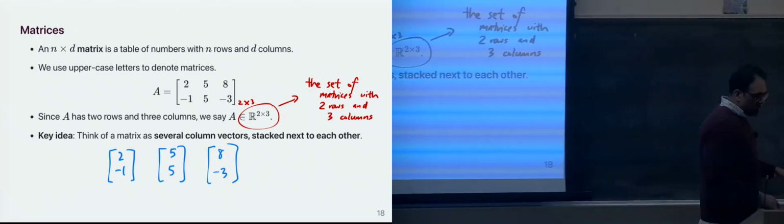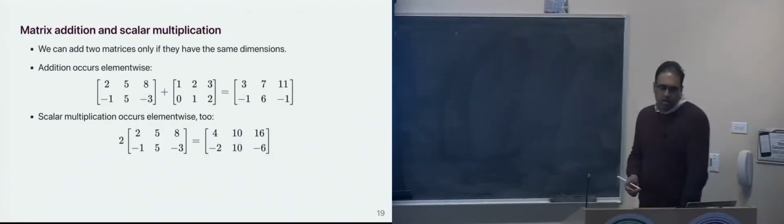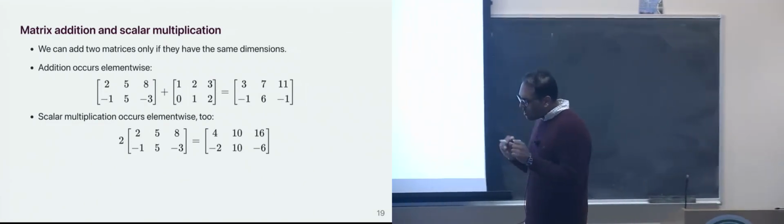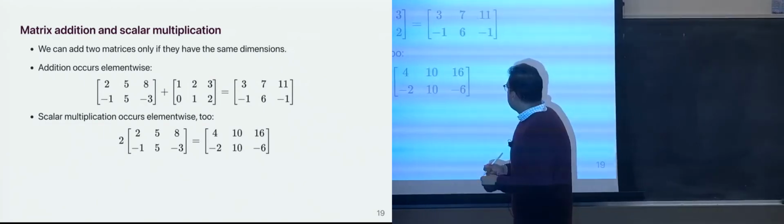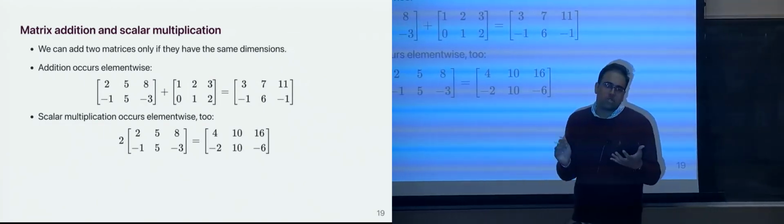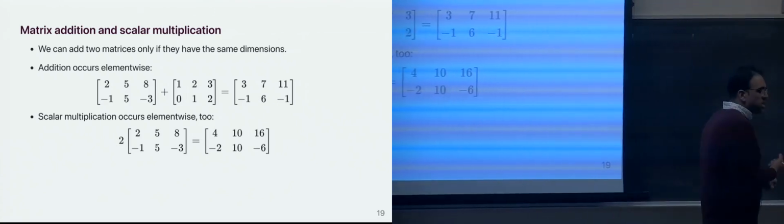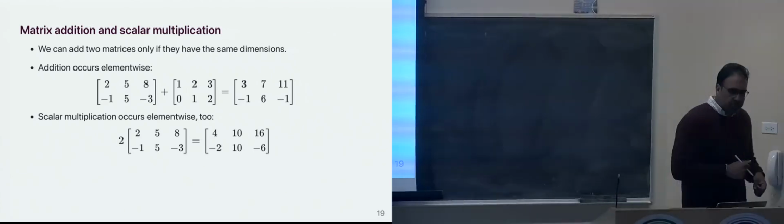All right. Now, again, we're only going to use the properties of matrices and vectors that really apply to us here. The first type of manipulation we will need to work with matrices is addition and scalar multiplication.